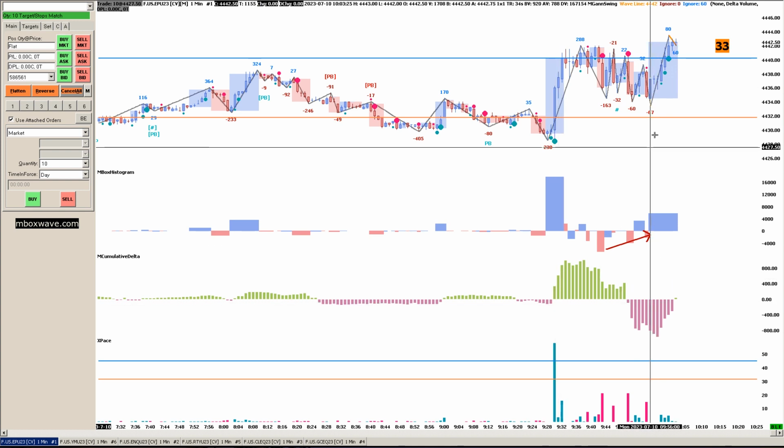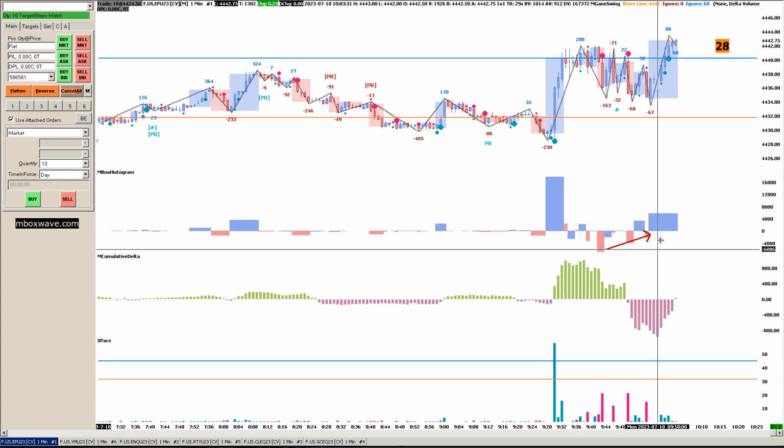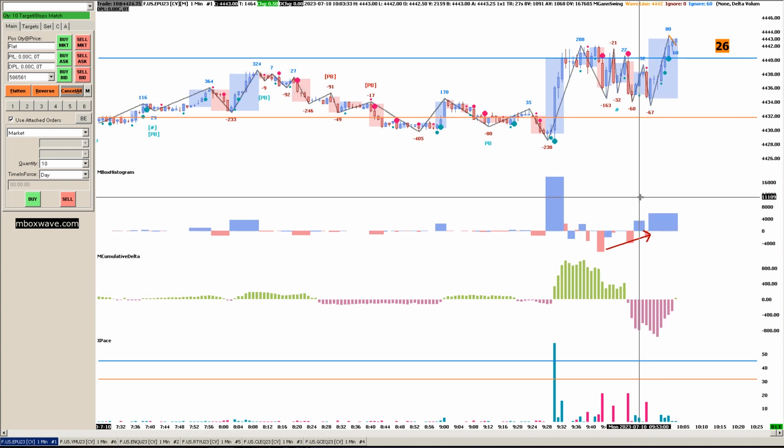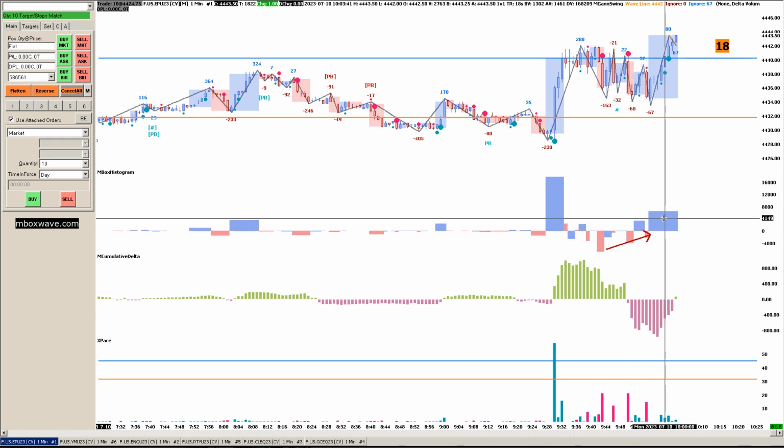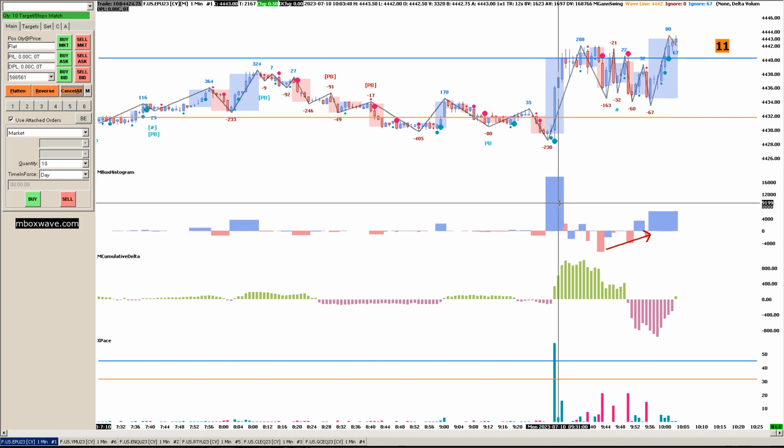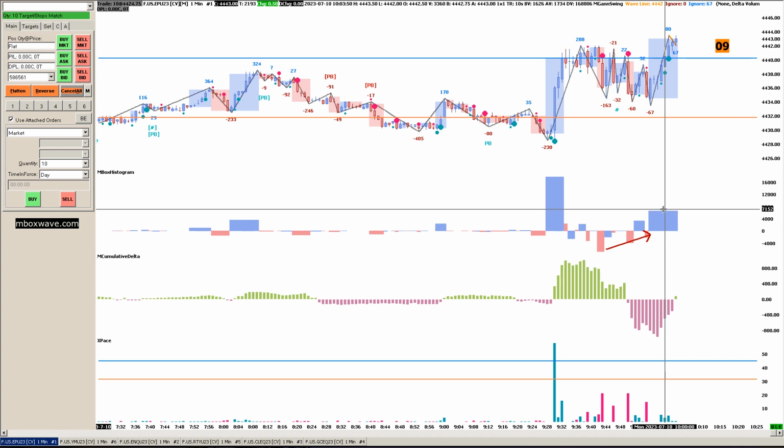But the thing is, even at this point, what kept me out was the Q Delta was still negative. And there was sort of a lackluster of buying here, and now it's starting to pick up. But one thing that I don't like right now is that, compared to the buying here, we're about half the amount, right?